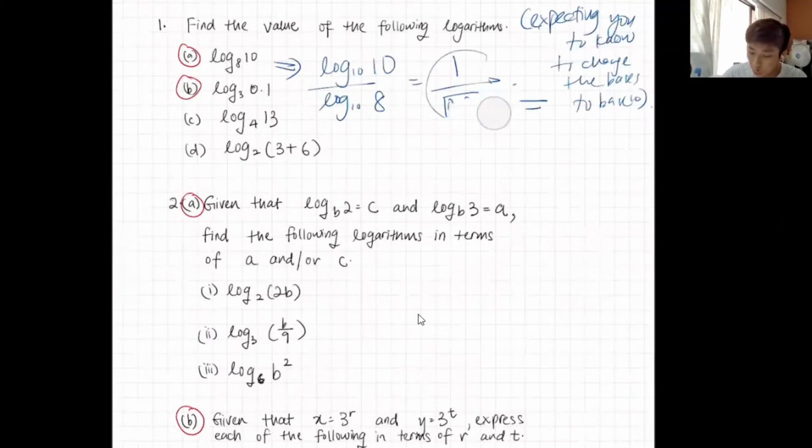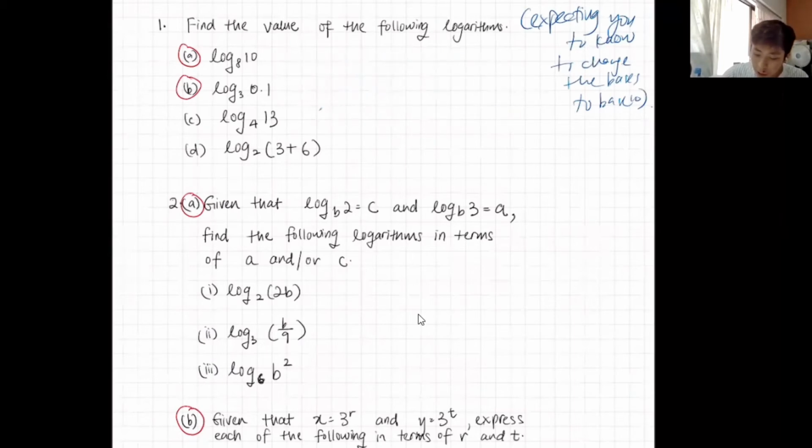This is your calculator, okay? I won't calculate for you. B is the same thing. Log base 3 0.1. As I told you, when you see decimals, try to change it into decimal fractions. But for this case, it doesn't matter, because you're just changing base. So when you want to change base, you just change it to log base 10 over log base 10.